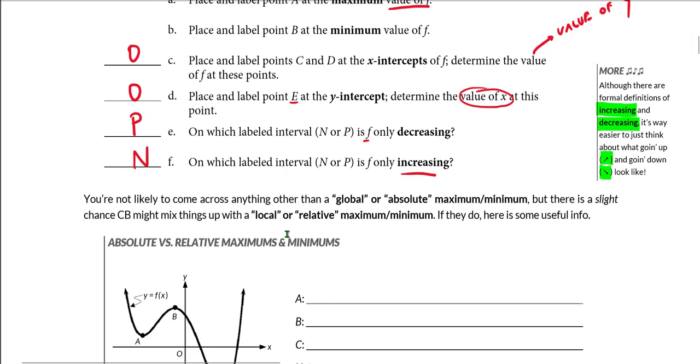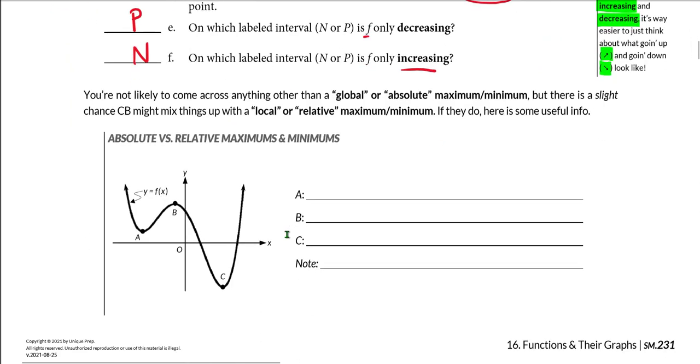Down at the bottom, again, I mentioned a moment ago that there is a very distant possibility that you will see something other than absolute or global maximums or minimums. So the difference between an absolute global maximum or minimum and a local relative maximum or minimum is this. For instance, if you look at point A and point C, they both look like minimums.